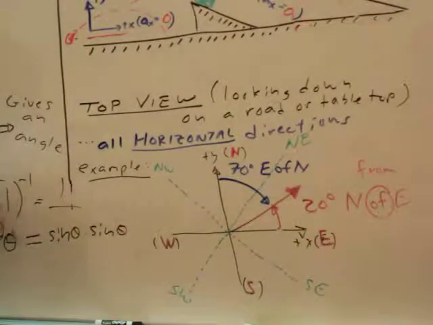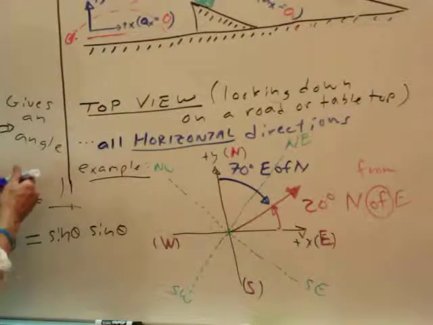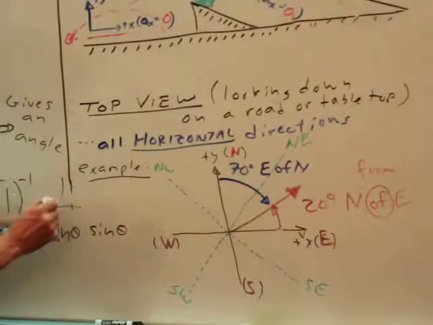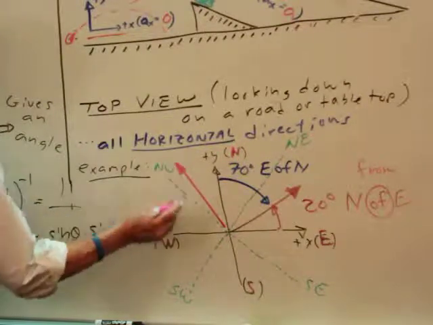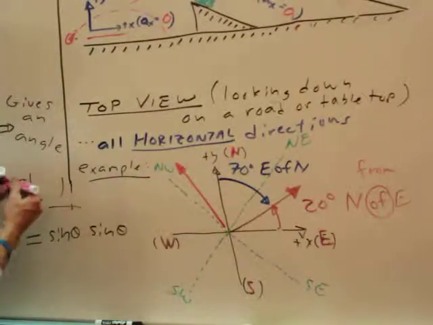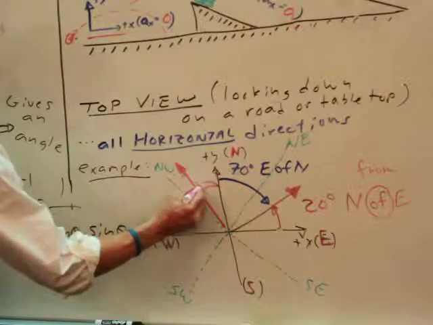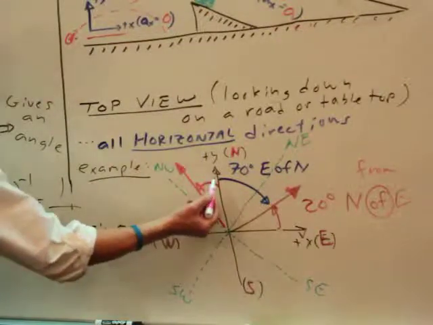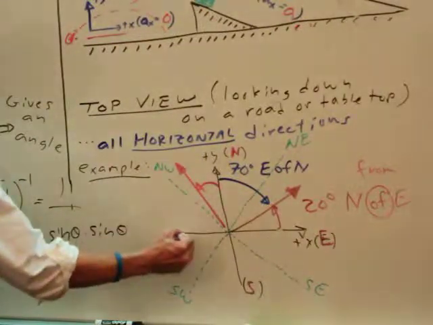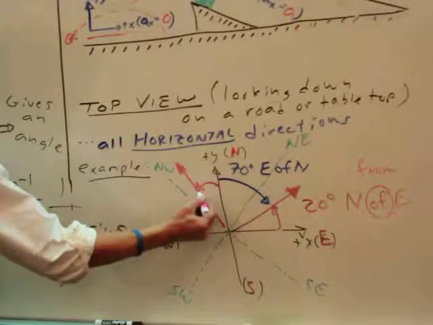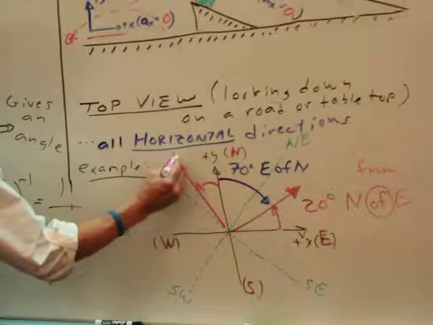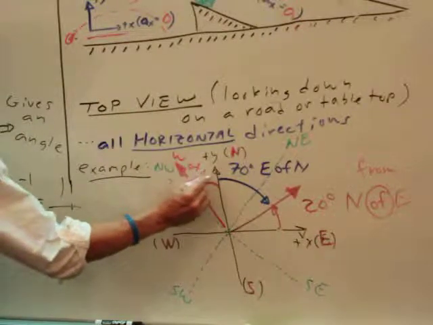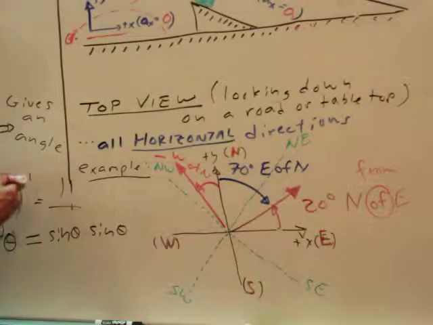Okay? So similarly, if I wanted to go out over here, I could specify that direction either going here, which would be some angle heading west from north, so that would be west of north, some amount.